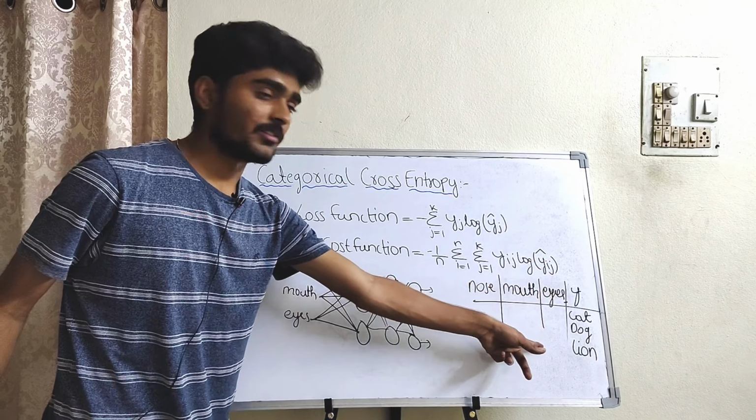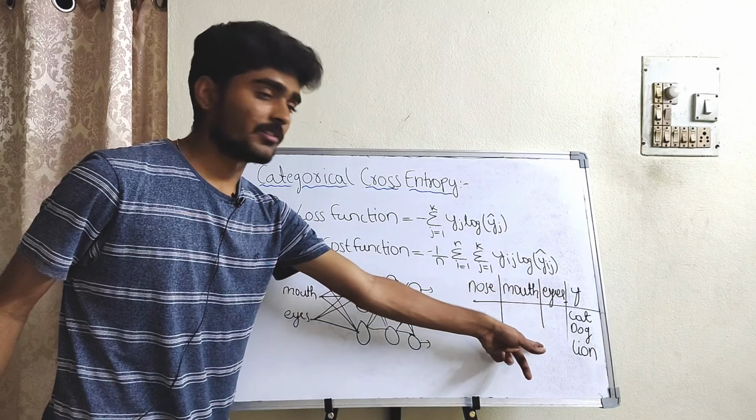The first output node specifies the class of cat, the second output node specifies the class of dog, and the third output node specifies the class of lion. In this way we have three output nodes which specify different classes, and we will be getting three output predictions.